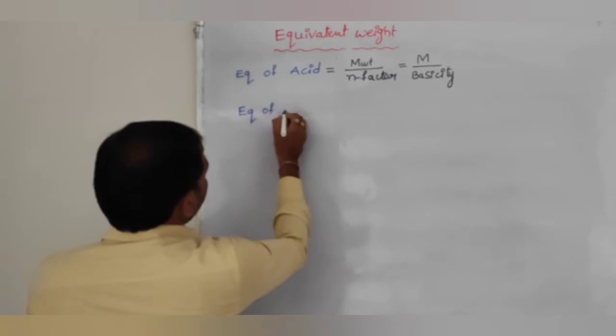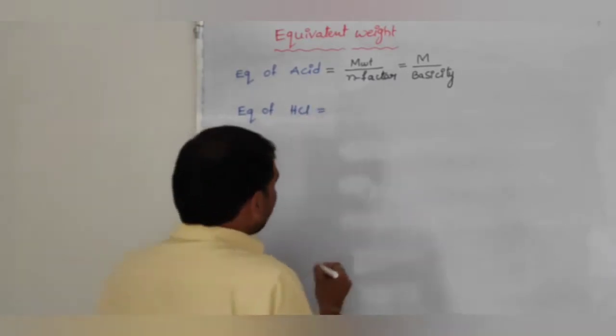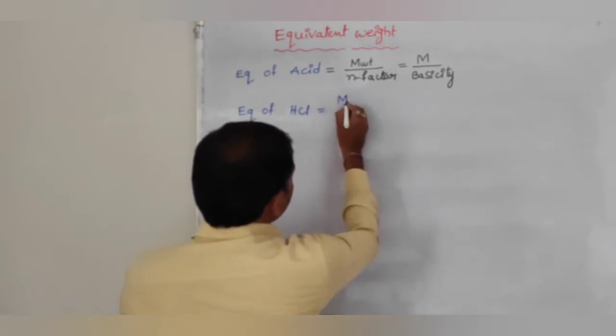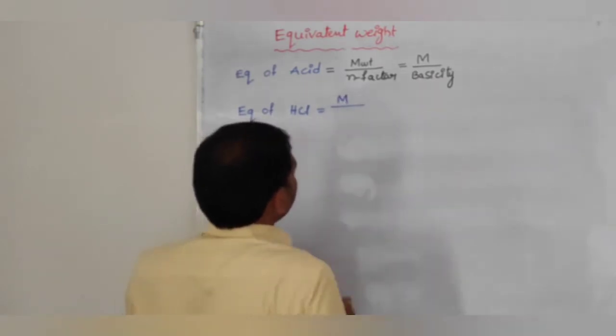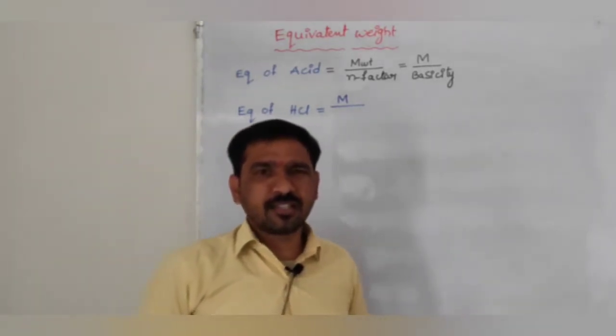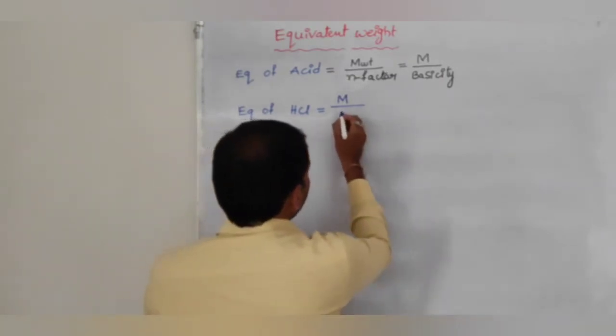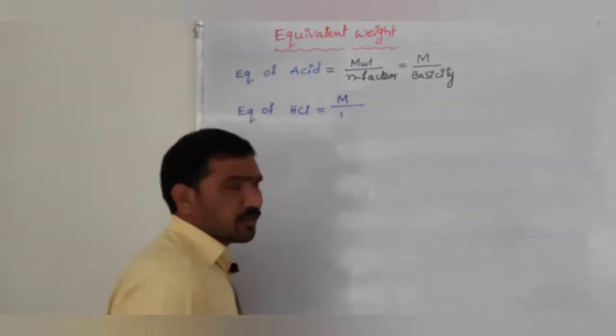Equivalent weight of acid HCl, right? So molecular mass divided by n factor. HCl dissociates as H plus and Cl minus. It gives 1 H plus, so the n factor is 1. Okay.